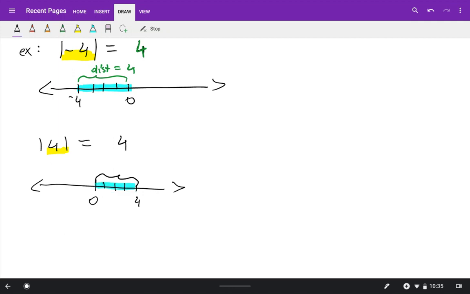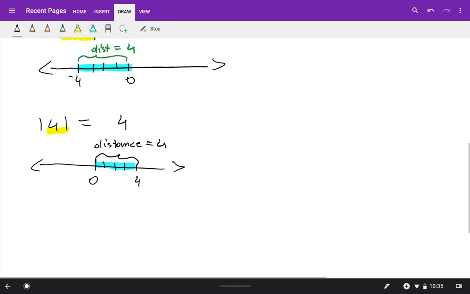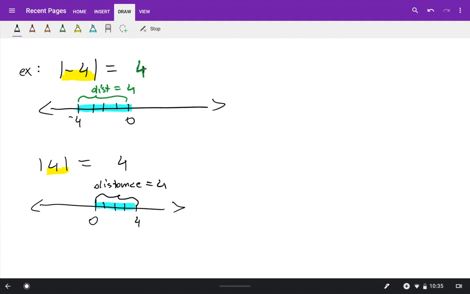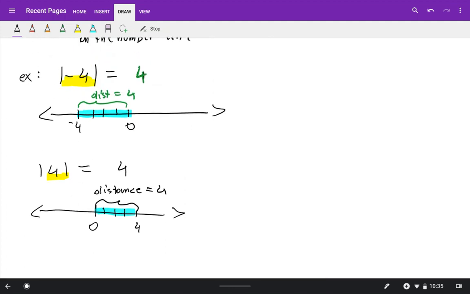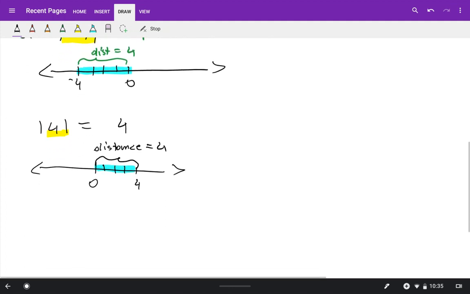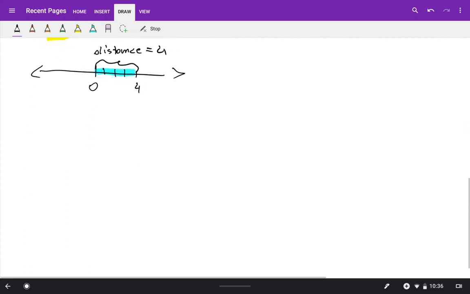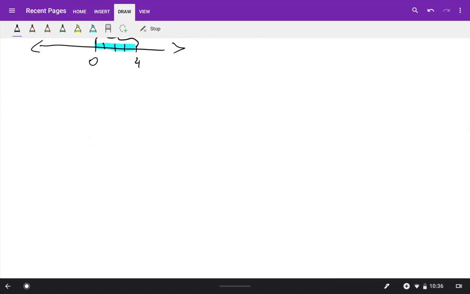So here also the distance equal 4. So absolute value of a negative number is positive, absolute value of a positive number is positive, but the whole idea is that you understand that absolute value represents the distance from 0. So there are no negatives. Okay, let's solve examples. Solving absolute value equations.